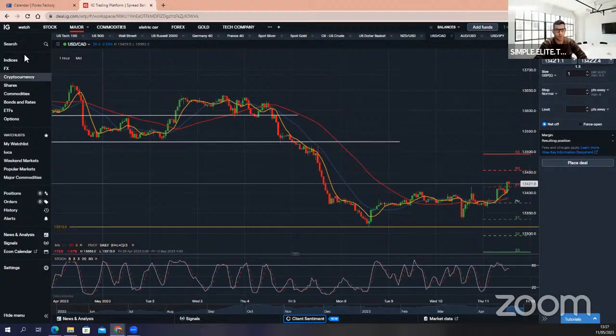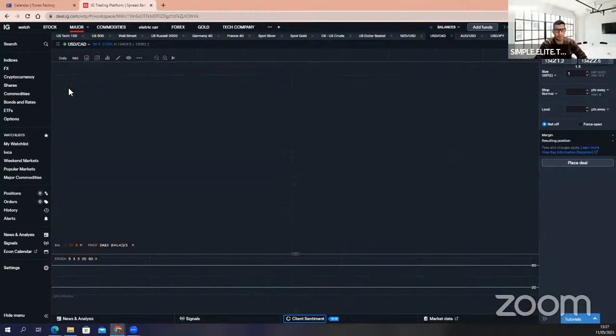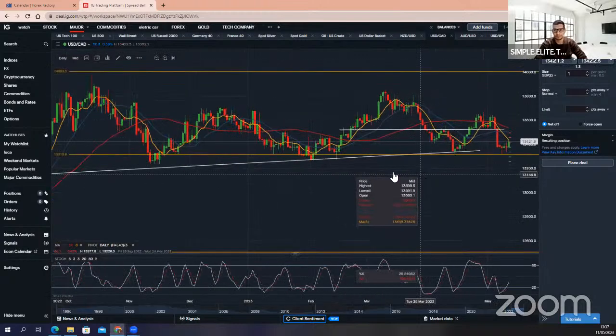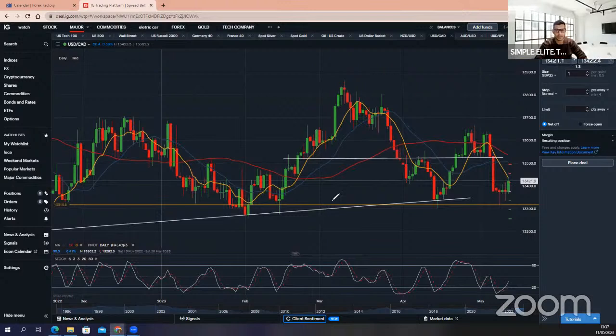Dollar CAD, we talked about it on Tuesday as well, it is rejecting a major level, because we saw previously here up and up. We could probably see the same thing up to the 135.50 level, which is this resistance line where we spotted last time.